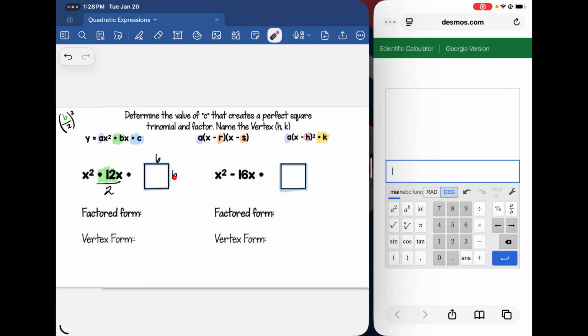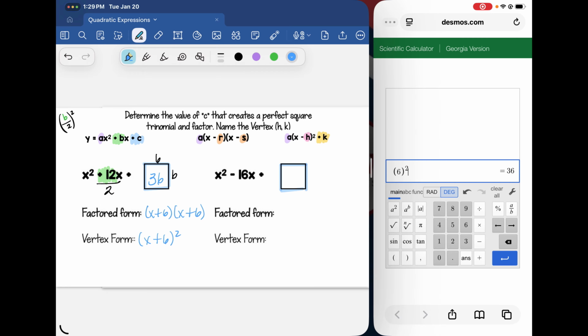Well, what is 6 times 6 or 6 squared? 36. So that's the value of c that would complete the square. What would my factored form be? X plus 6 times x plus 6. And what would my vertex form be because it's two of them? X plus 6 squared.